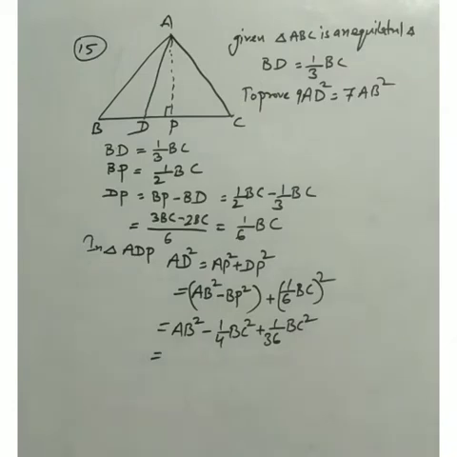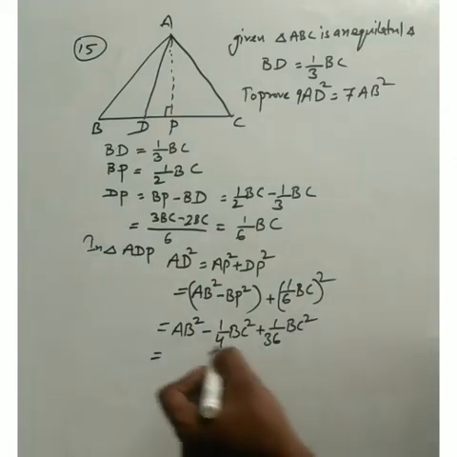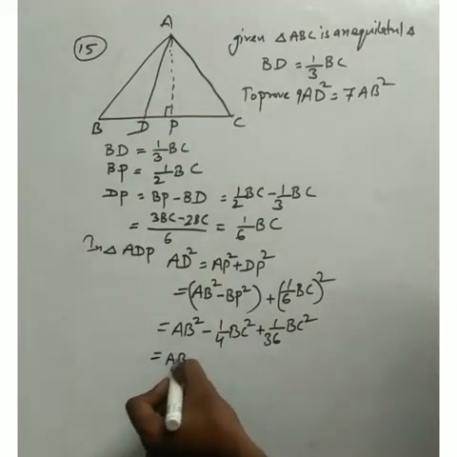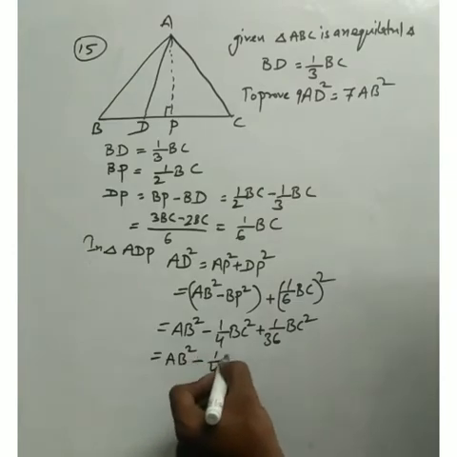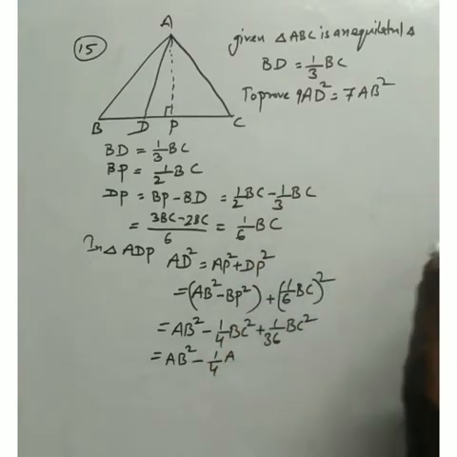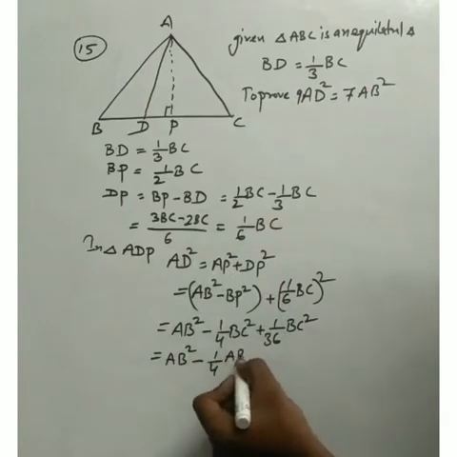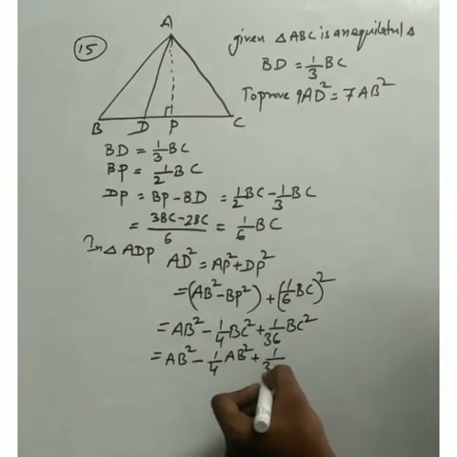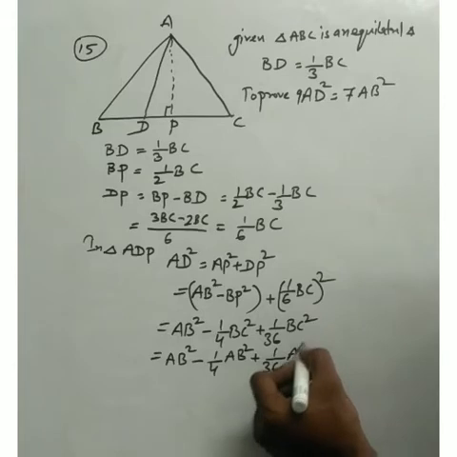Since it is an equilateral triangle, all three sides are equal. So AB square minus 1 upon 4 AB square plus 1 upon 36 AB square, with BC replaced by AB.